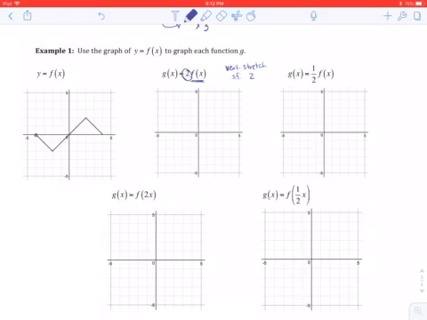So I take this 4, 0, and I multiply the y coordinate by 2, and it doesn't change anything. Notice all my x-intercepts are going to stay the same, because when I multiply 0 by 2, it doesn't change. Versus what was -2, -2, now I'm twice as far away at -4. What was 2, 2, now I'm twice as far away, at 4.